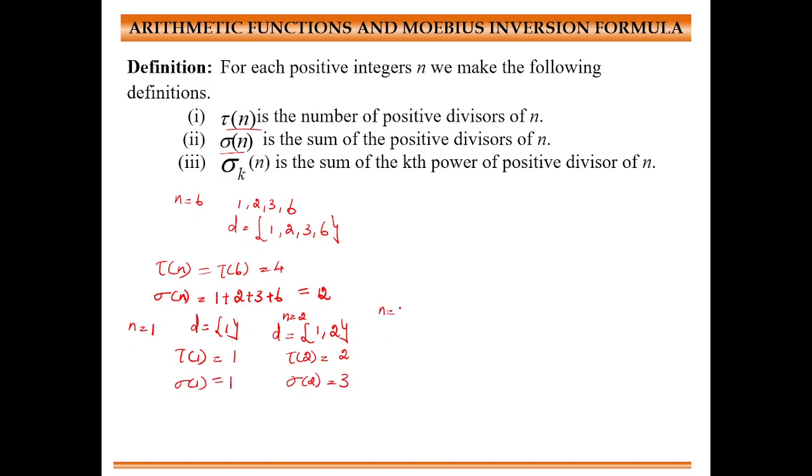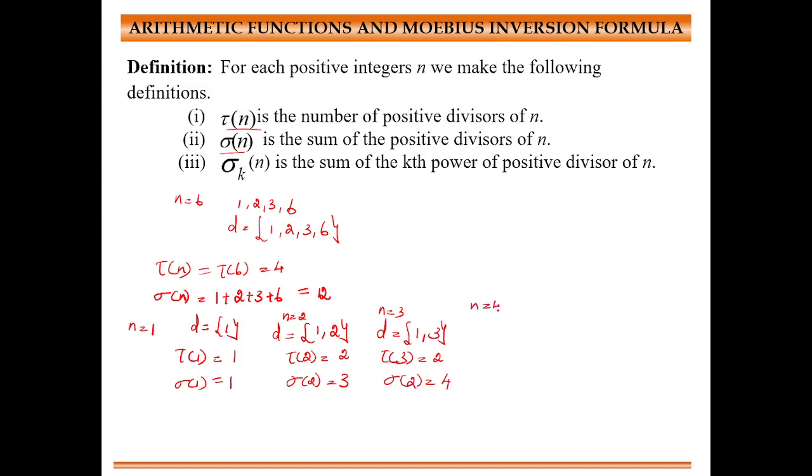If n is equal to 3, what are the divisors of 3? They are 1 and 3. Tau of 3 is 2. Sigma of 3 is 1 plus 3, that is 4, the sum of the divisors.